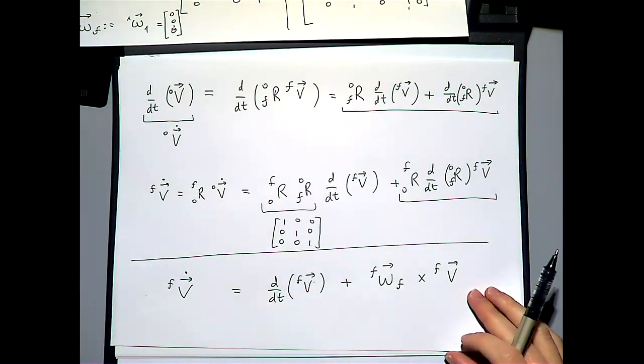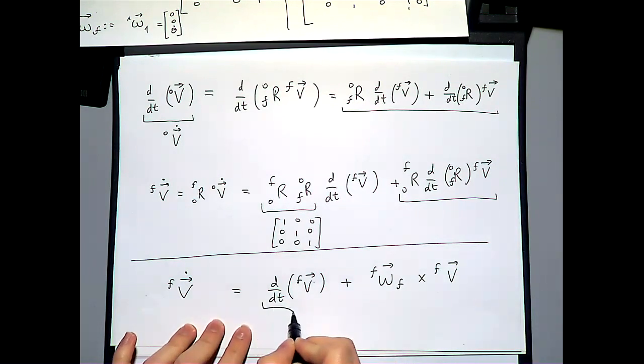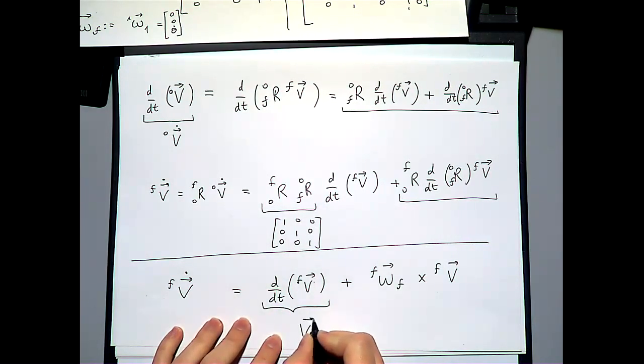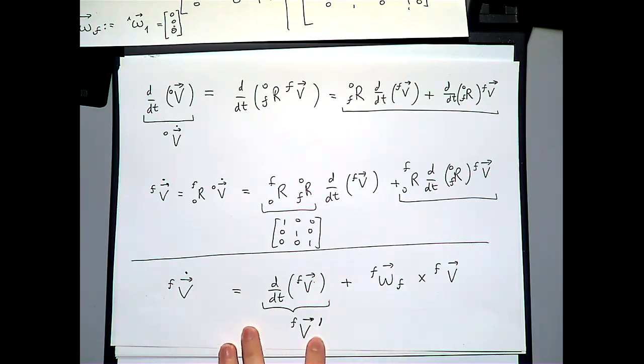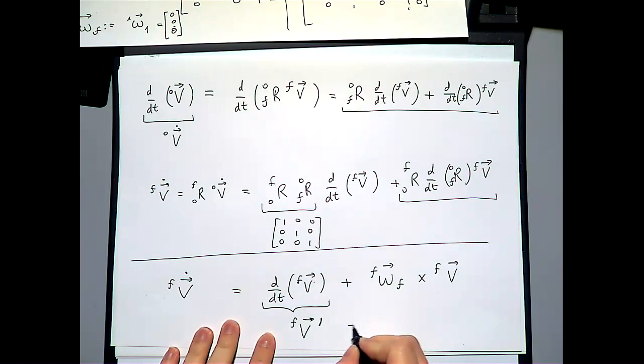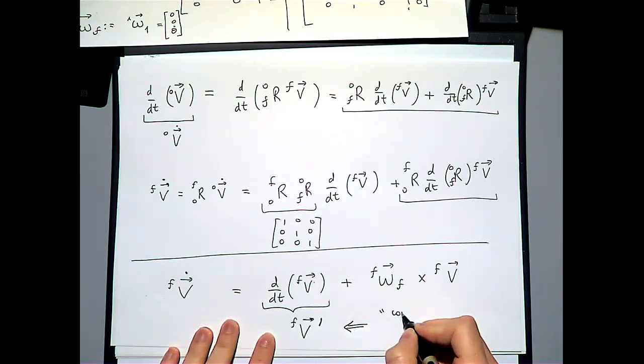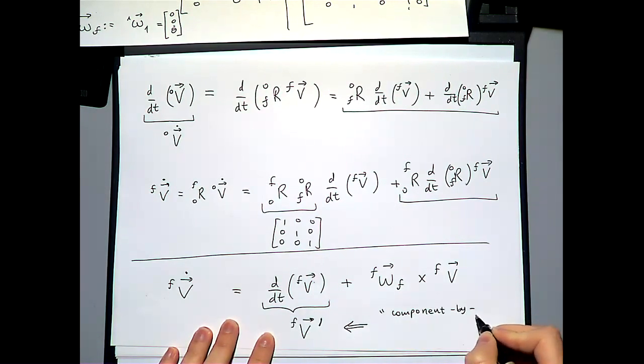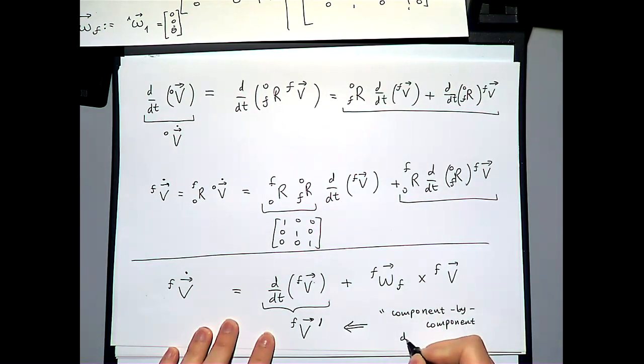Maybe before I continue, let me just say that instead of this d dt, I will be using the prime, because this will be a bit confusing. This one means component by component derivation.